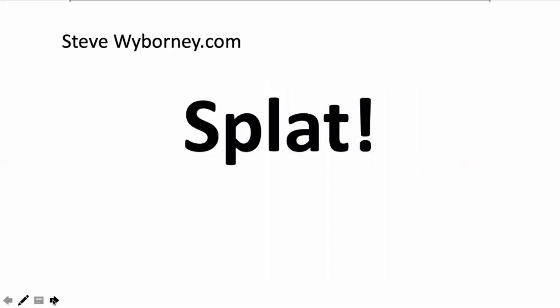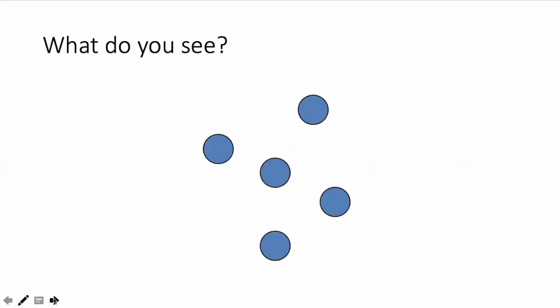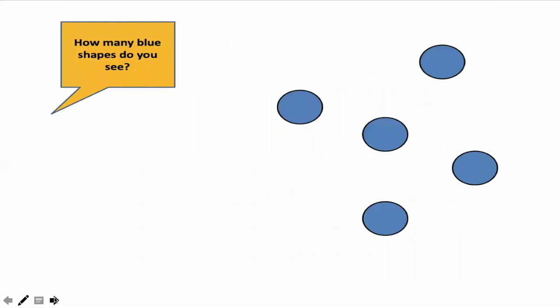All right, boys and girls, we're going to do an activity that helps us with our addition and subtraction. These are called splats. You may have done them with your teacher. So here we go, we'll practice. What do you see? Some dots. How many blue shapes do you see? 5.